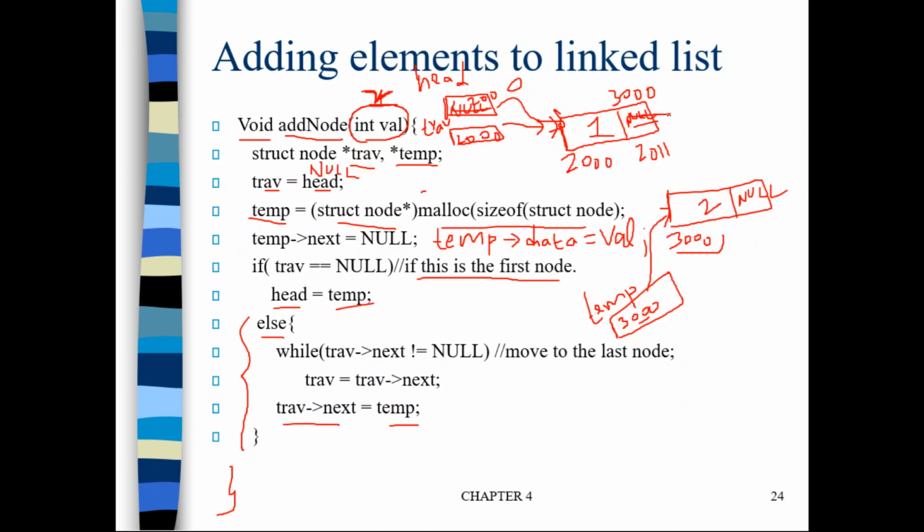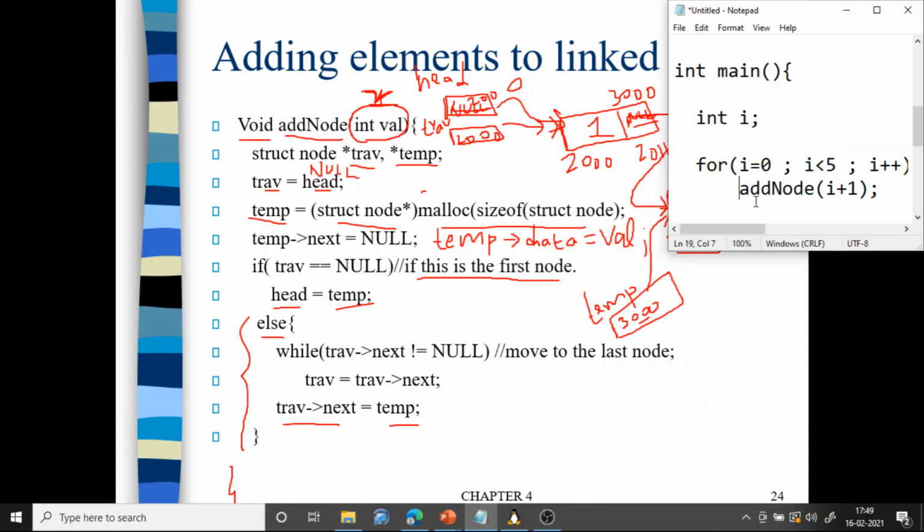It means that the first node's next pointer is now pointing to the second node. So you have created the second node, right? Great.